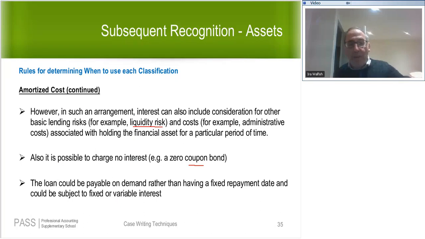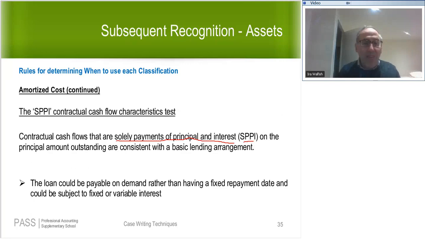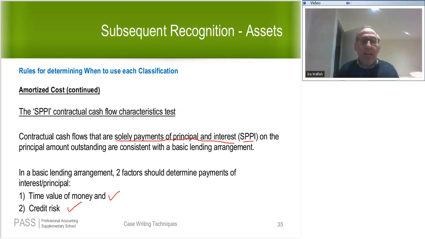I would not get any interest payments over the next 5 years, but at the end of 5 years, I would get back $12,000. So once again, that would certainly meet our test because I'm really getting $2,000, right? I only lent them 10, they're giving me back 12 in 5 years from now. That $2,000 that they give me upon maturity reflects the time value of money and the credit risk. So once again, I would meet that condition.